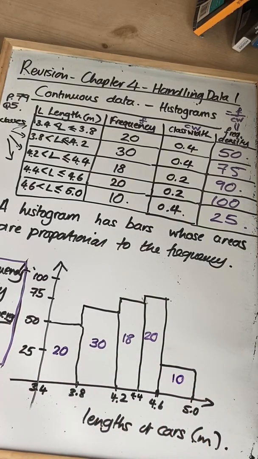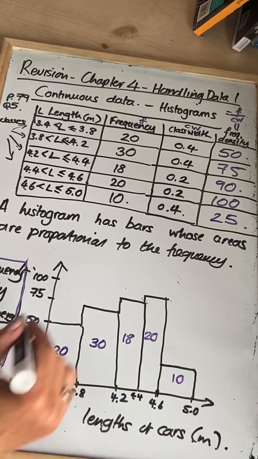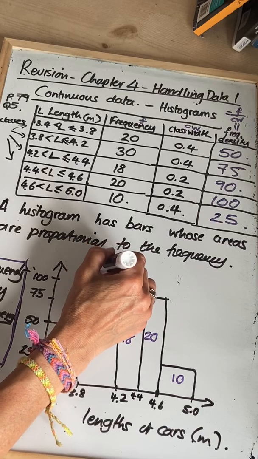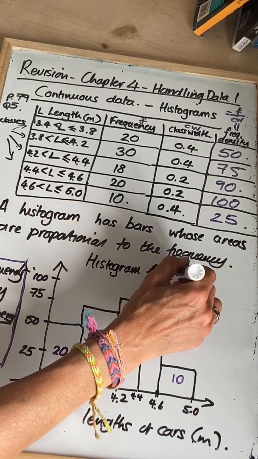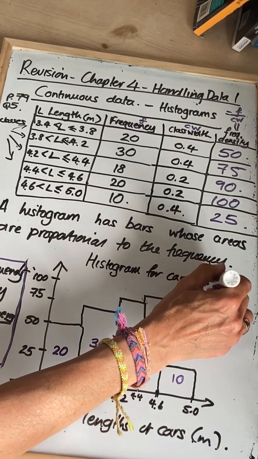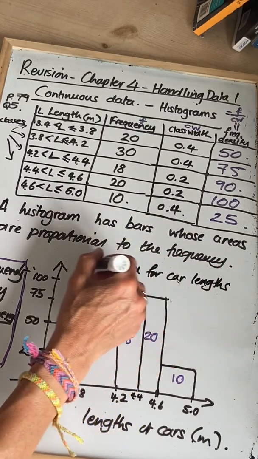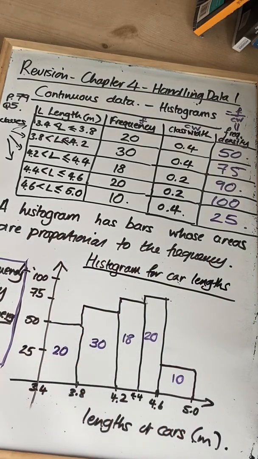So my histogram for car lengths has areas of the bars that are proportional to their frequency. Yeah? And that's what histograms are all about.